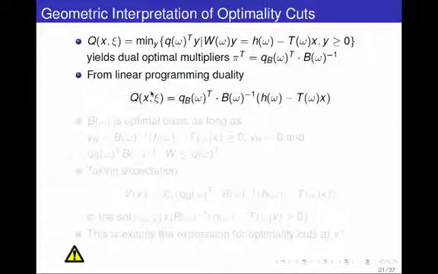Now, the basis that you really want to pick also has to be such that the non-basic variables, the candidates for entering the basic solution, when we describe z as a function of the non-basic variables, it's basically some linear function of the non-basic variables.